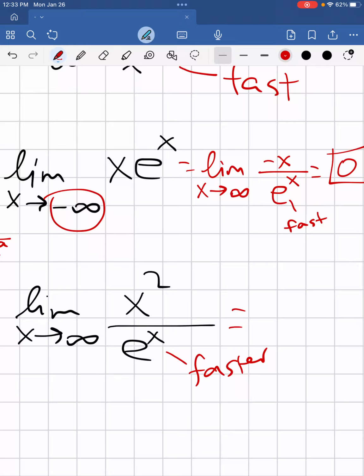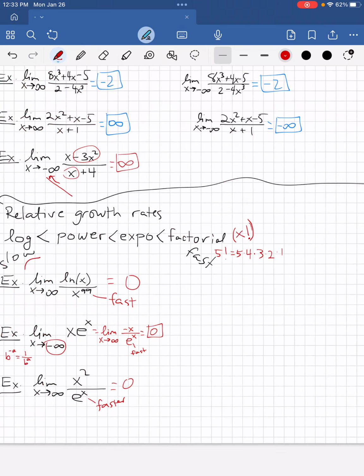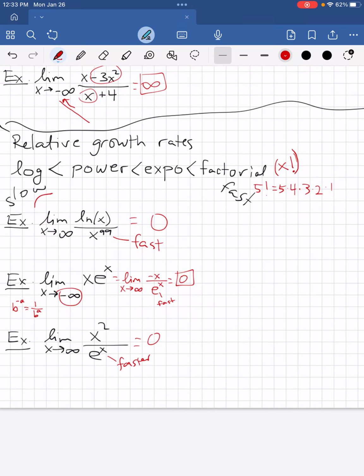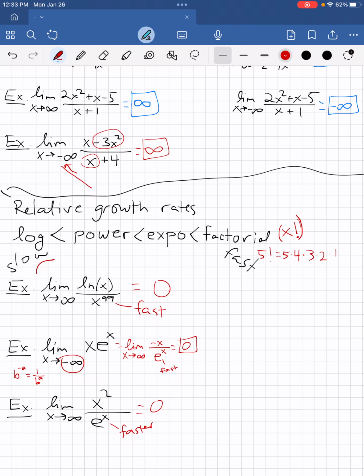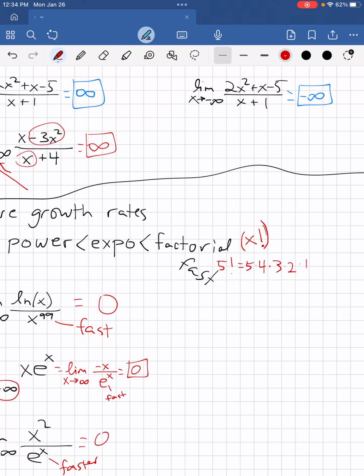Now, just for good measure, let's say I have, just as a bonus example, something like that. Natural log of x.